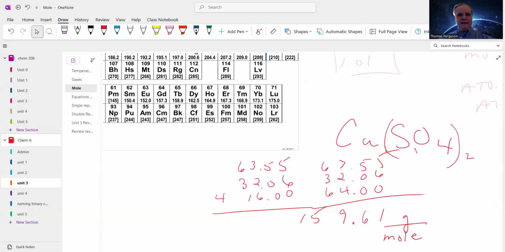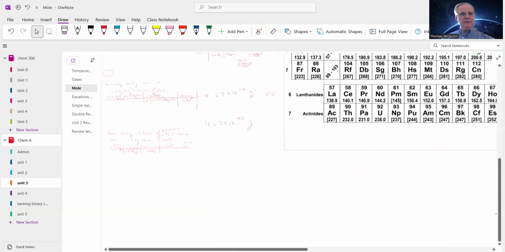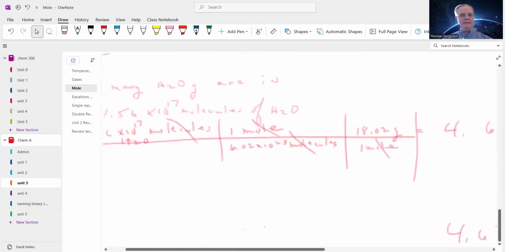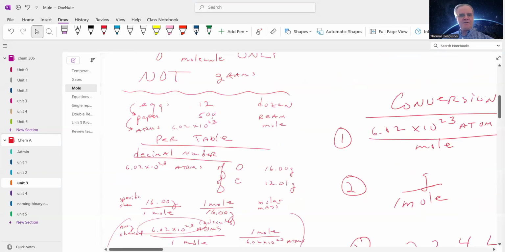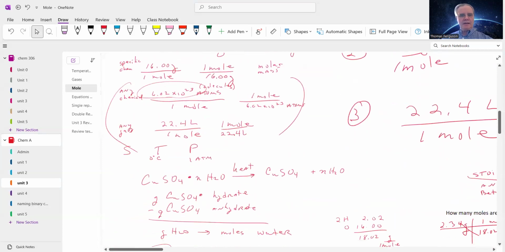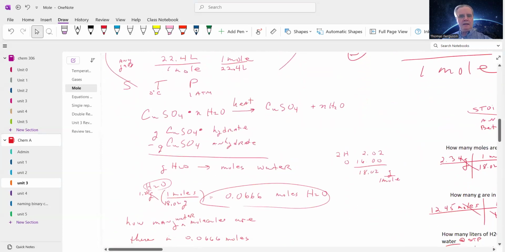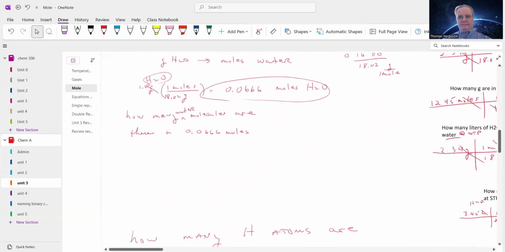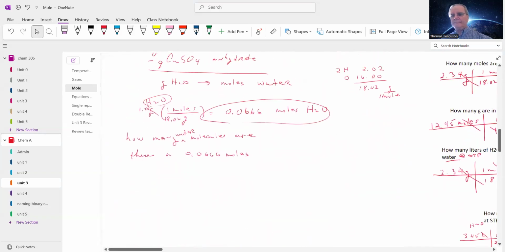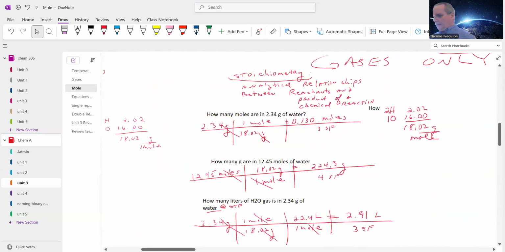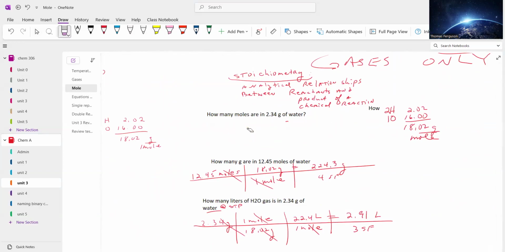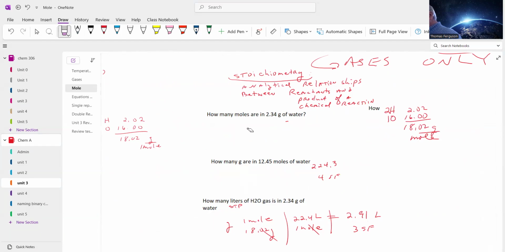Okay, so let's look at a typical problem. These are some typical problems you're going to find dealing with moles, molar mass, that kind of stuff. So let's go through these.